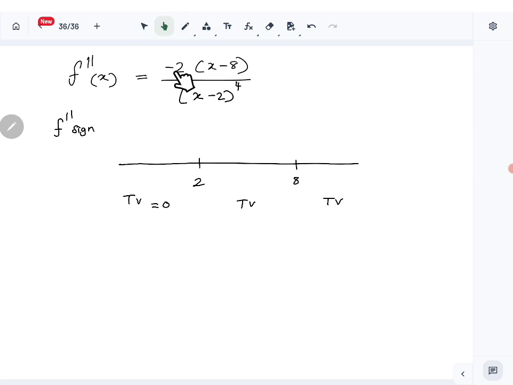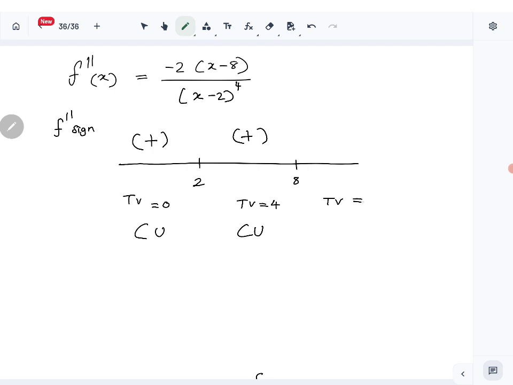Minus into minus is positive. The denominator is always positive, so the sign depends only on the numerator sign. Negative into a negative gives you positive. So in this interval, positive. Then the second interval, between 2 and 8, I will use 4. Minus into minus is again positive. So again in this interval also concave up.